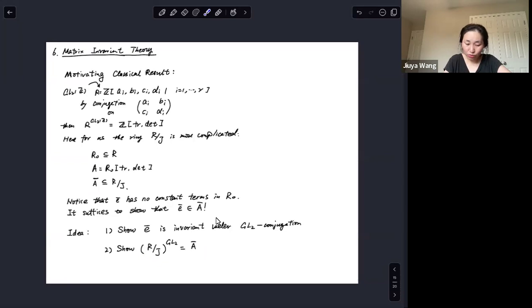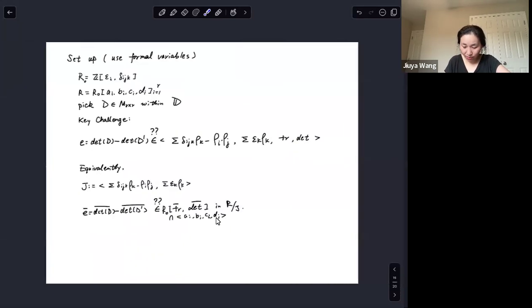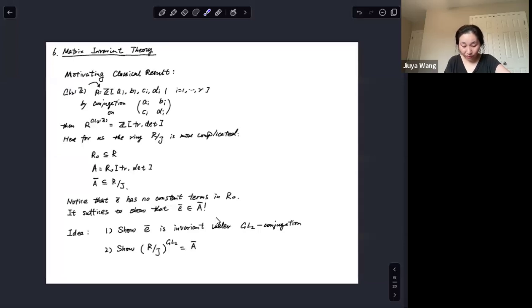Just two small comments related to the previous typo. From the previous computation, you can see that all these delta terms, like the full degree delta term, exactly cancel. So we're guaranteed that our element E bar, when considered in this ring, does not have a constant term.